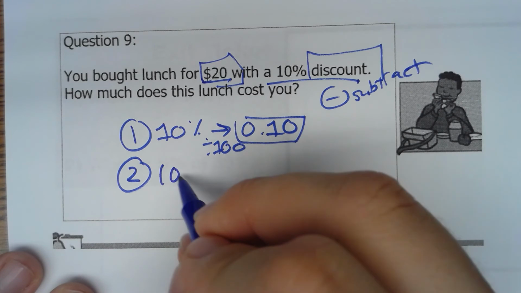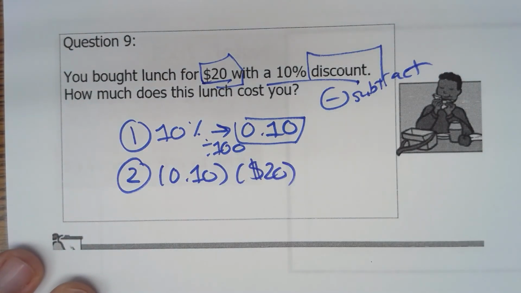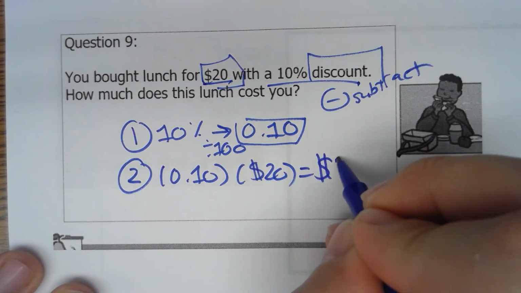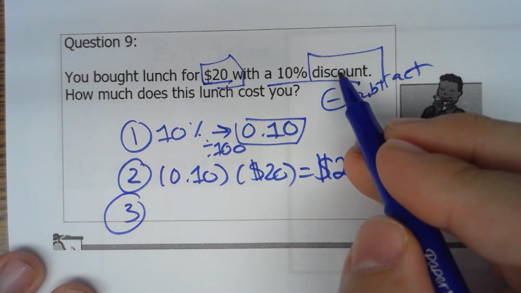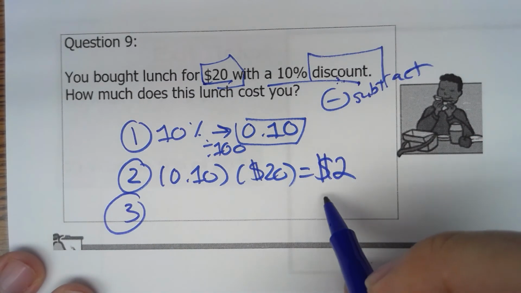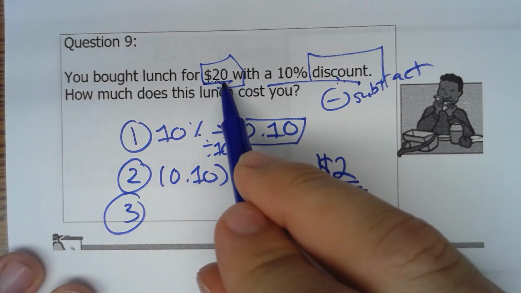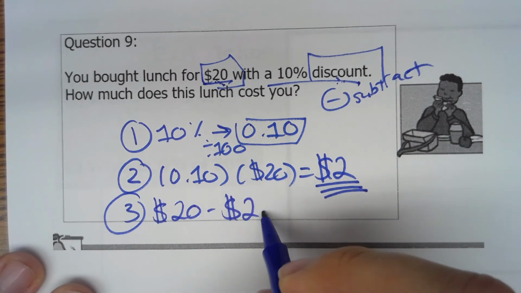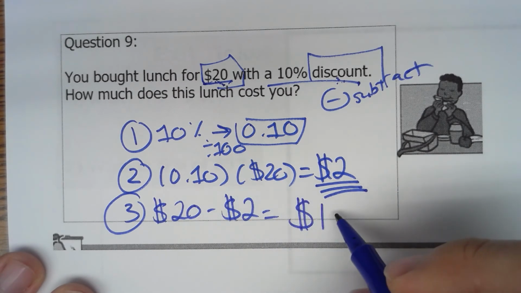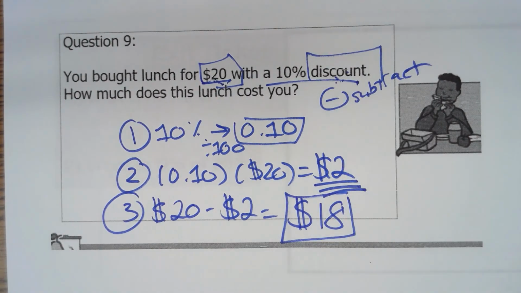So I'm going to do 0.10 times $20, which is going to give me $2. Step 3, discount. I have to subtract this from the original price. So I do $20 minus $2. So how much do I pay for lunch? $18 after my 10% off discount.